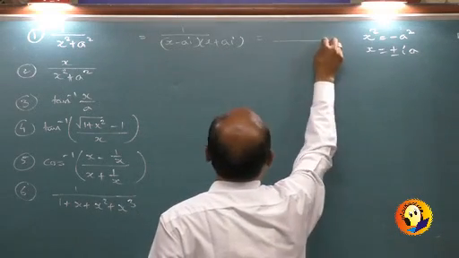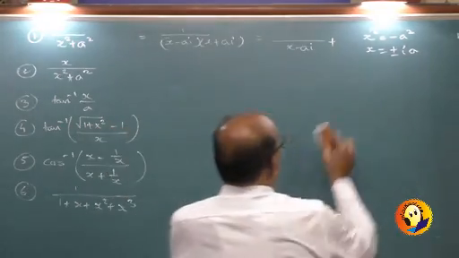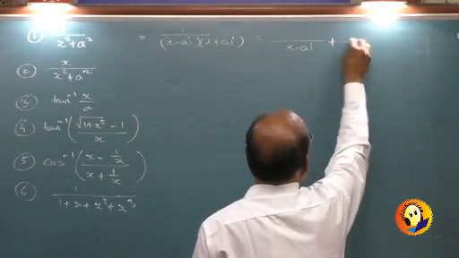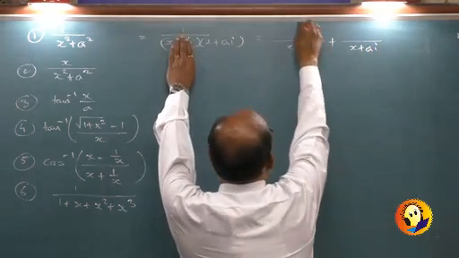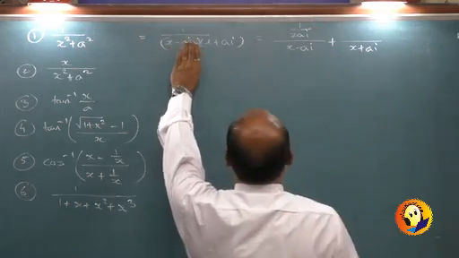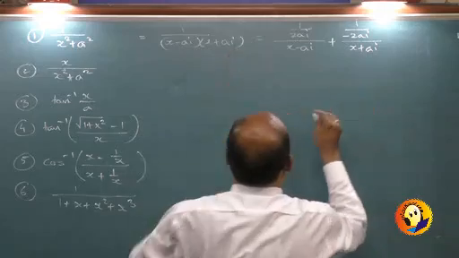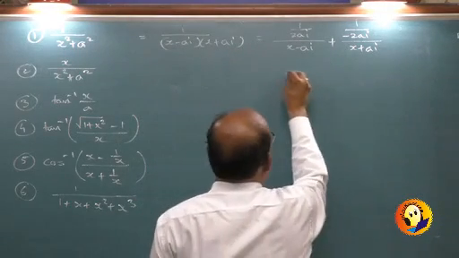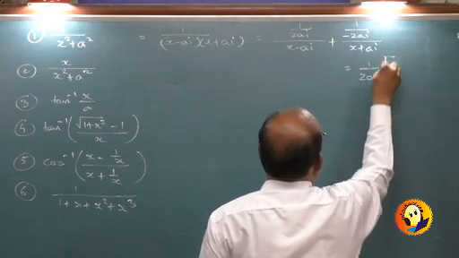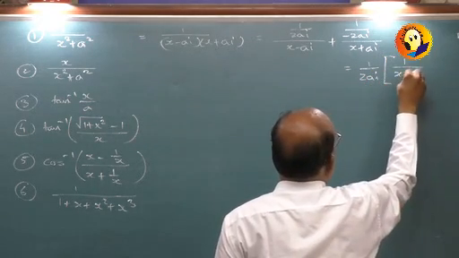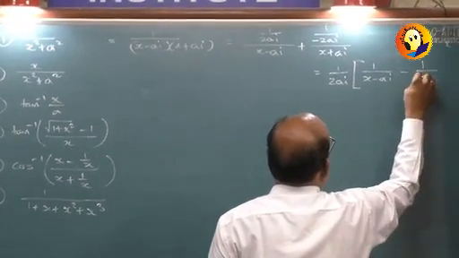So it is something upon x minus ai plus something upon x plus ai. So numerator of x minus ai, it will be 1 upon 2ai. Put x equal to minus ai, it will be 1 upon minus 2ai. So this will turn out to be simply equal to 1 upon 2ai into bracket 1 upon x minus ai minus 1 upon x plus ai.